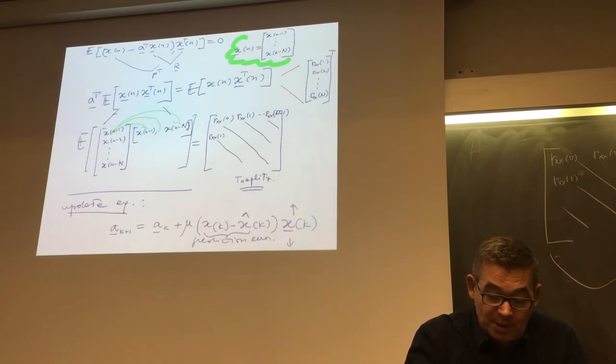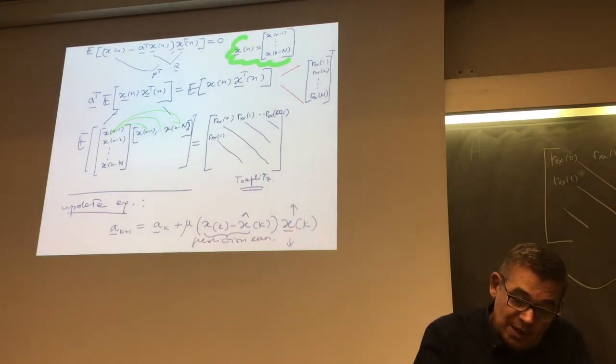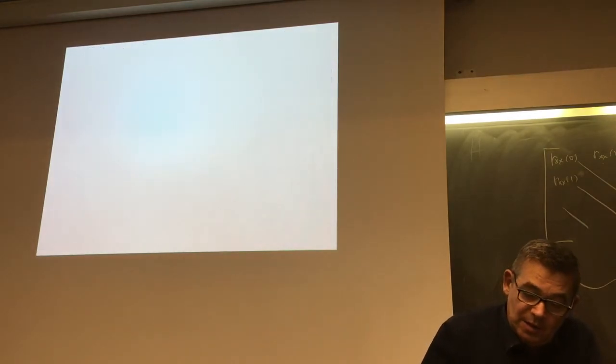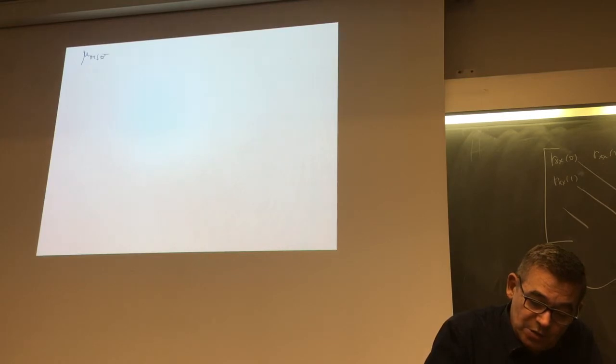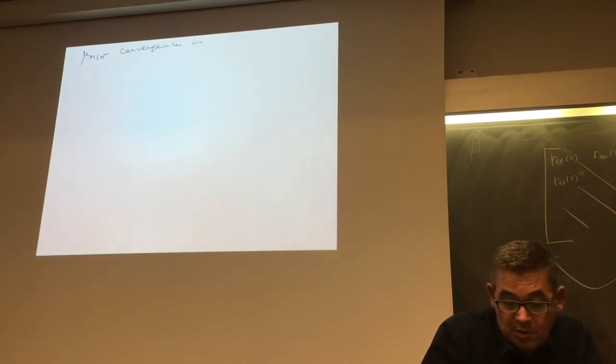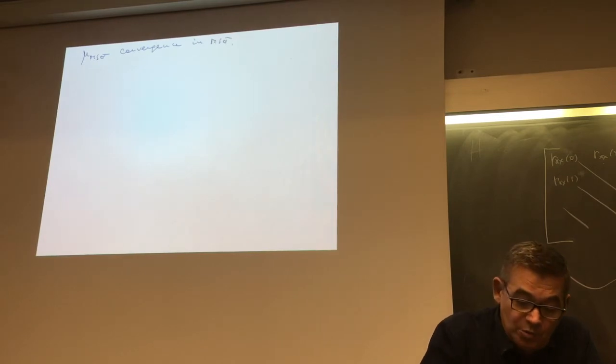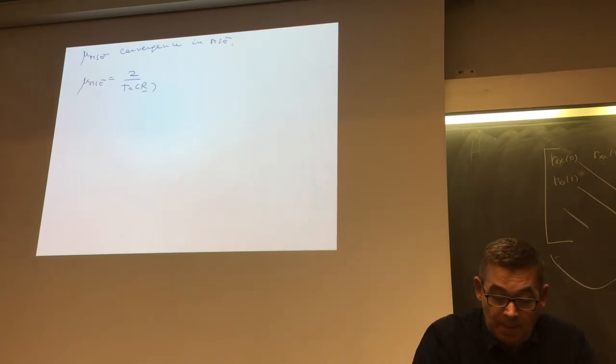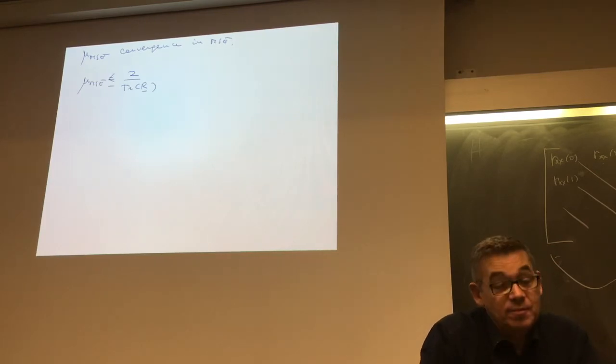In practice, for convergence in the mean square error, we saw that mu for mean square error is bounded by 2 over the trace of R, so mu should be smaller than this.